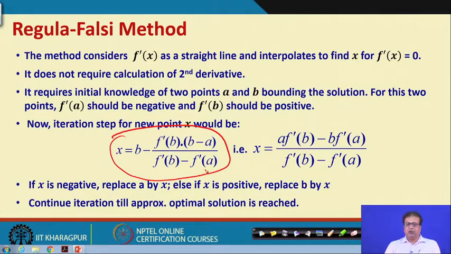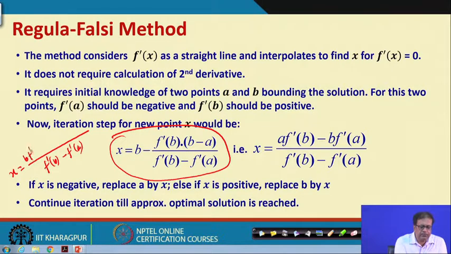So, if you do a little bit of manipulation, it will be like this, x equal to 1 over (f dash b minus f dash a), and on top what you have, b into f dash b, that is the first term, minus b into f dash a, that is the second term, and then if you again see here, the first term is b into f dash b, and the second term, I am writing it here, plus a into f dash b.